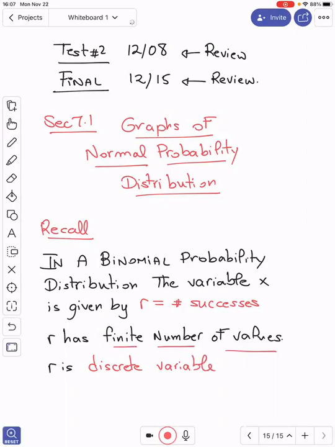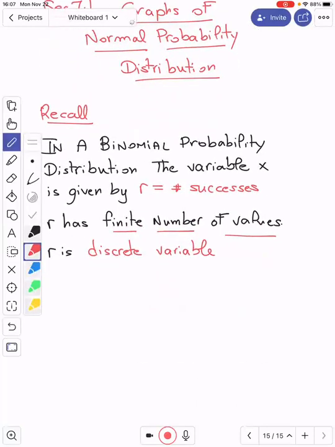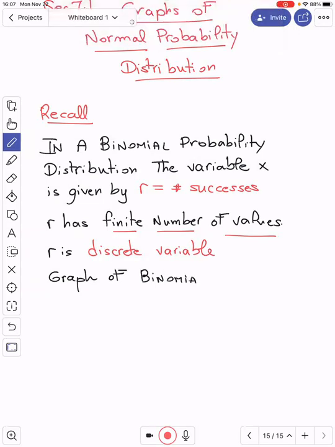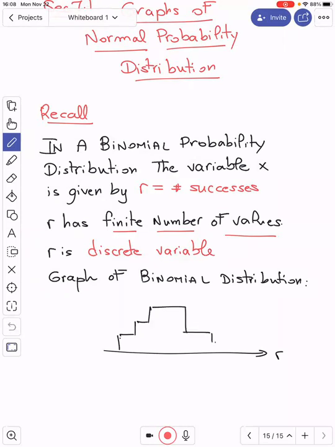And then for the graph of a binomial distribution, we use the histogram. You have your variable R on the horizontal axis, and then you have your histogram, for example something like this.